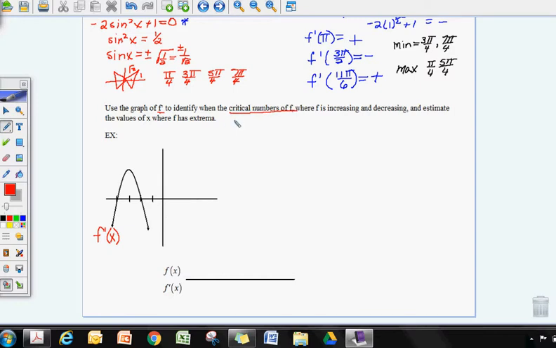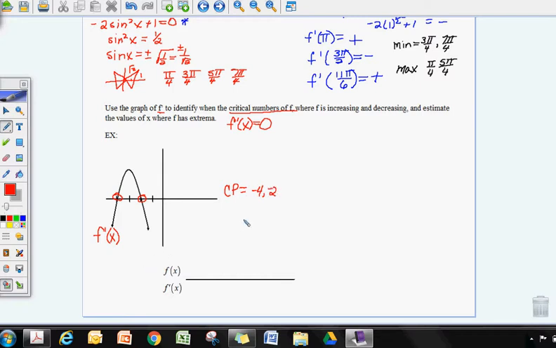Critical numbers, what do I remember? That's when we take our derivative and we set it equal to 0. Oh, wait. This is where the derivative equals 0. This is where the derivative equals 0. So I can just look at my picture that fast and know my critical points would be at x equals -4 and at x equals -2.